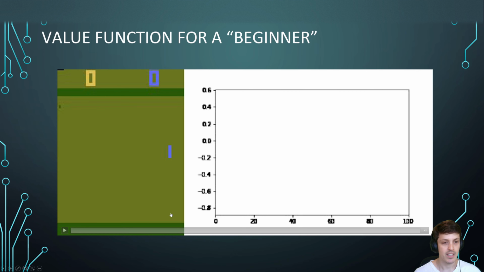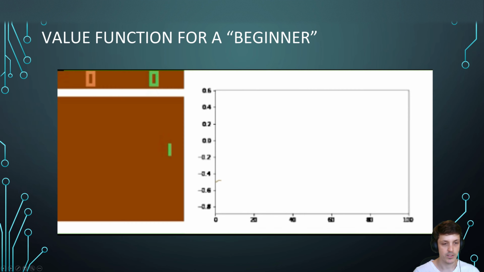So I've got an example here of an agent playing Pong. So the agent is on the right here and it's playing against a computer and it gets a point, +1 point, if it gets the ball past the computer, and it loses a point if the ball passes it, right? And on the right here, you can see a graph over time of the value function. So let's watch.